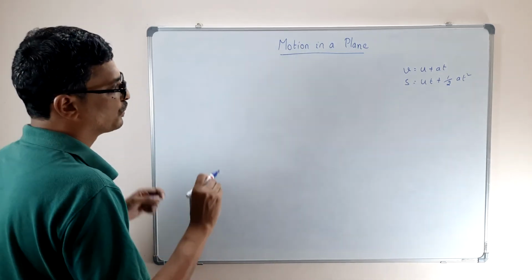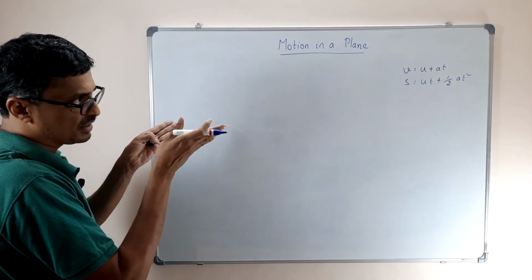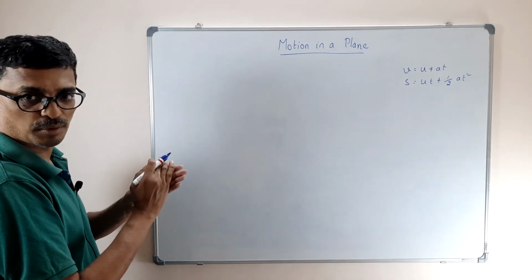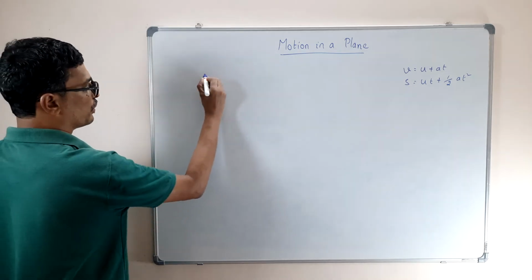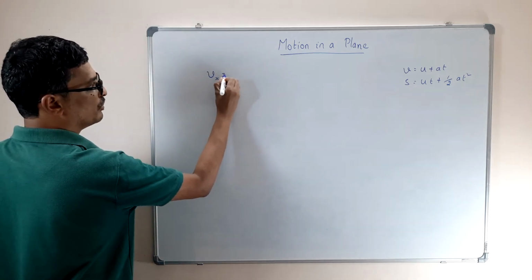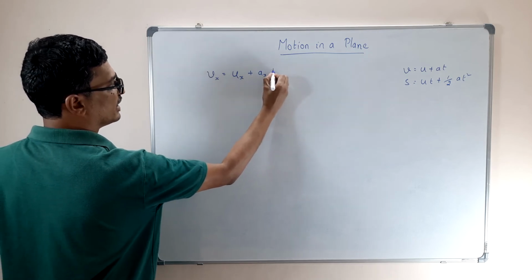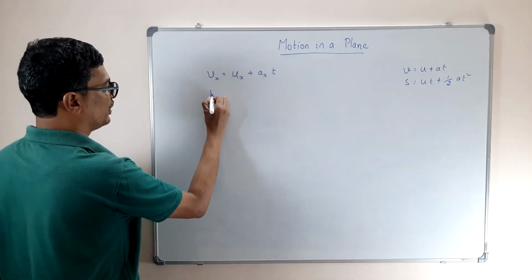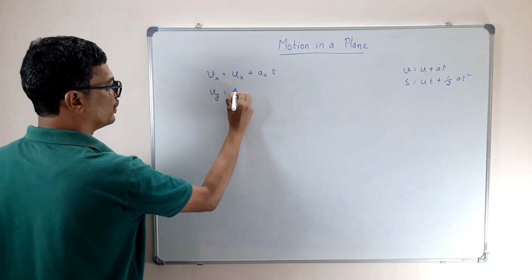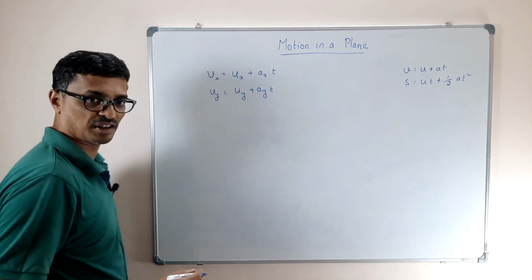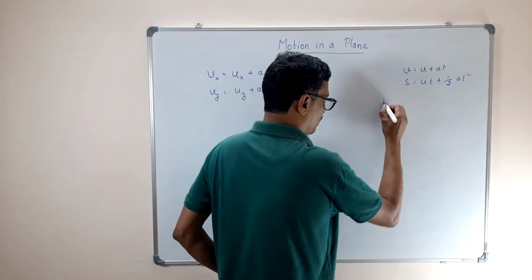When you want to do it for two dimensions, resolve everything into x and y components. So Vx will be ux plus ax t, and Vy will be uy plus ay t. That's what you are doing, resolving these vectors.